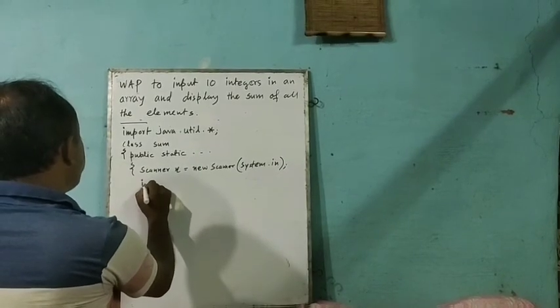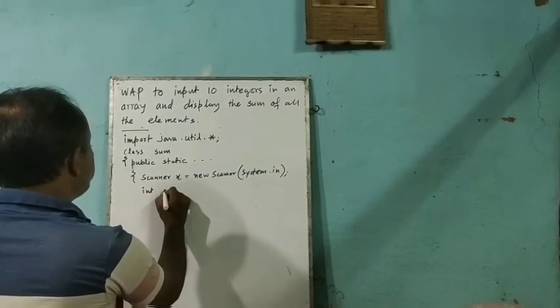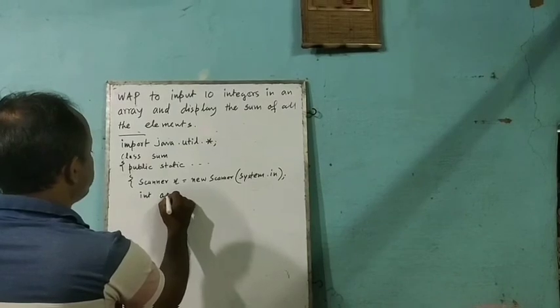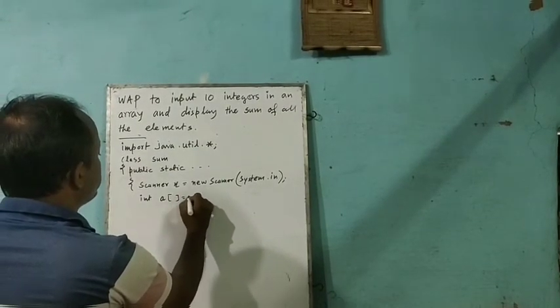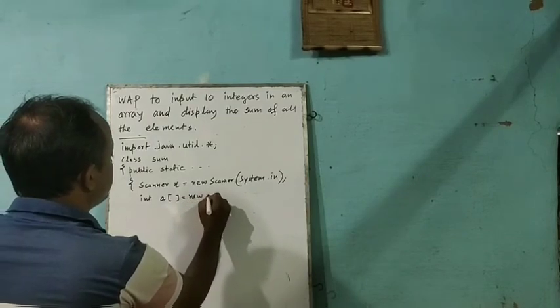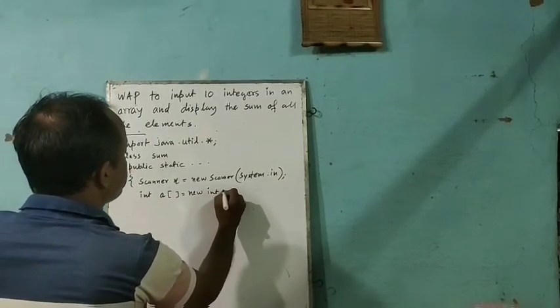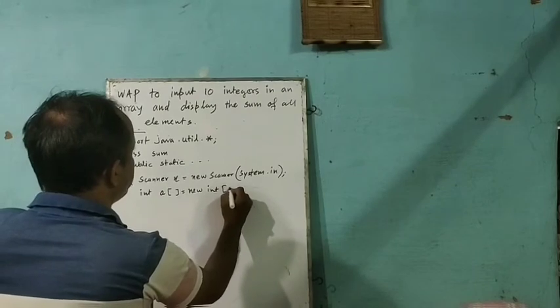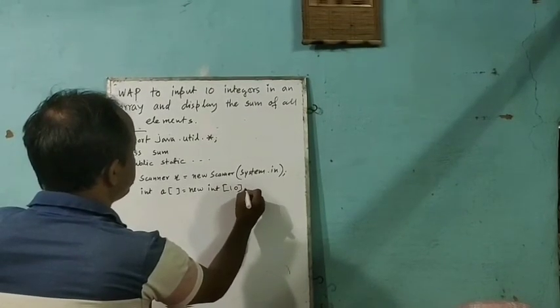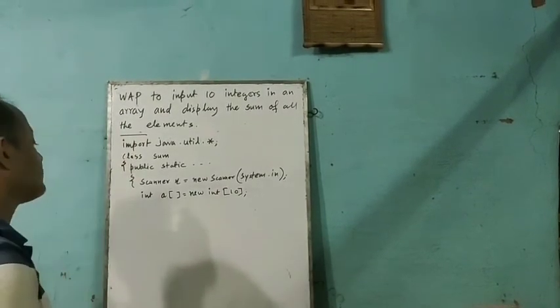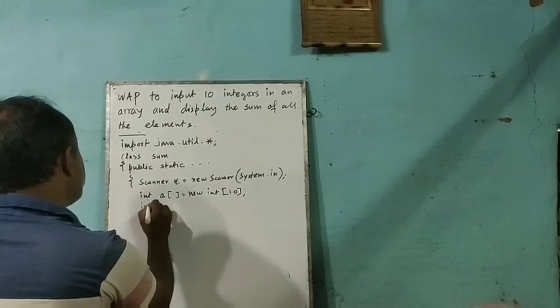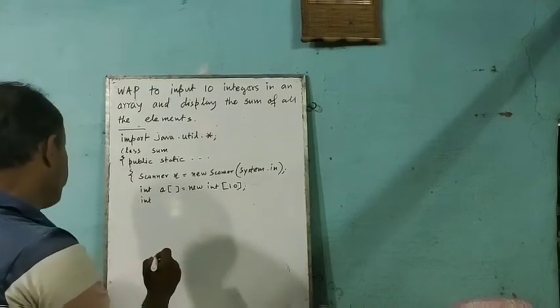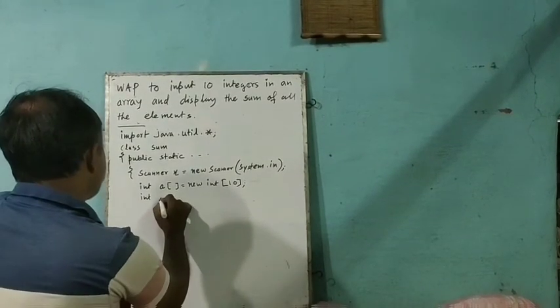We'll take one array, int a[] = new int[10]. As we are going to take 10 integers in the array, we'll take another int variable to represent the compartment numbers or cell numbers, int b.